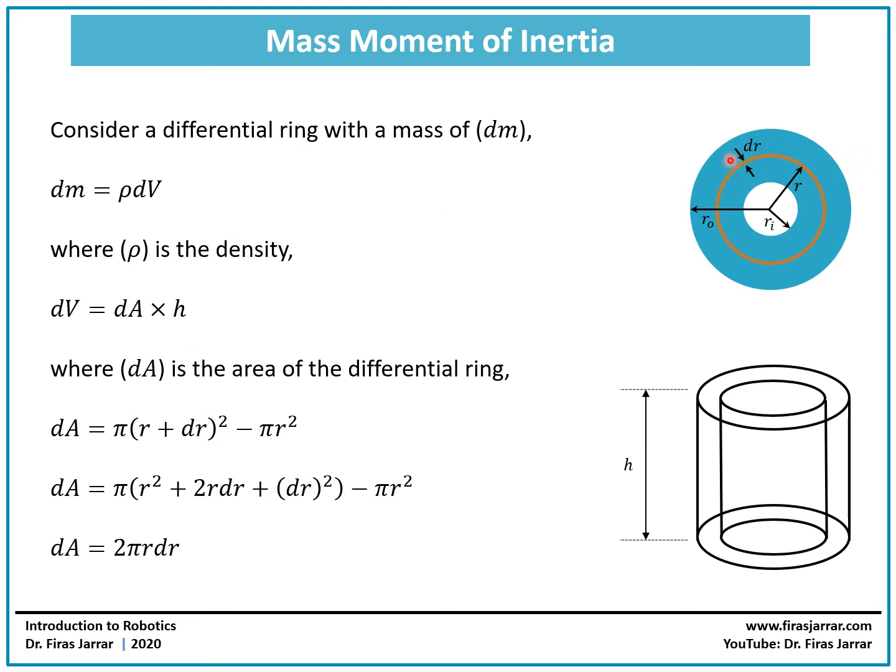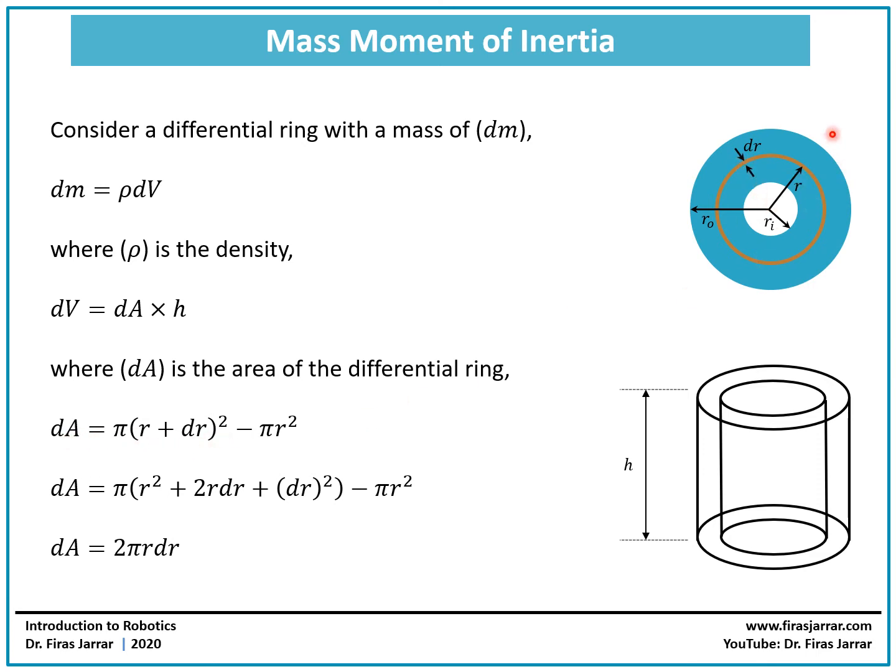And dA, the differential area, we can think about it as the area of the larger circle here with a radius of r plus dr, minus the area of the inner circle, which has a radius of r.